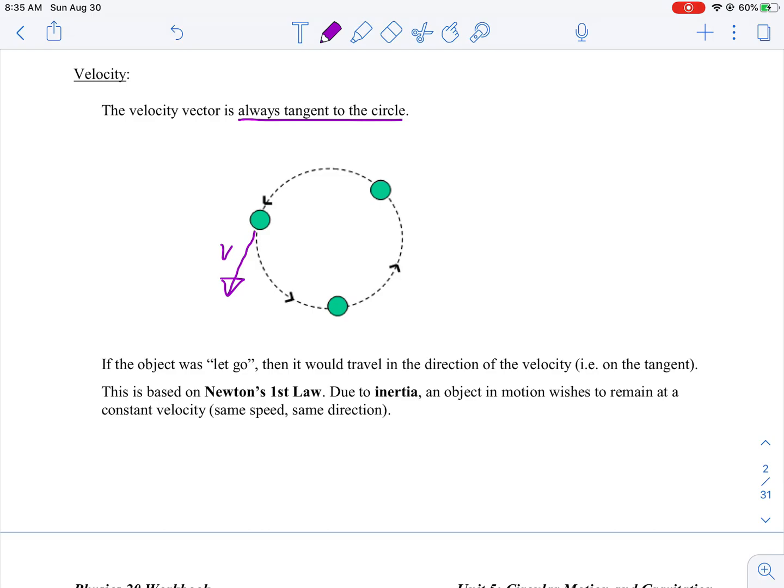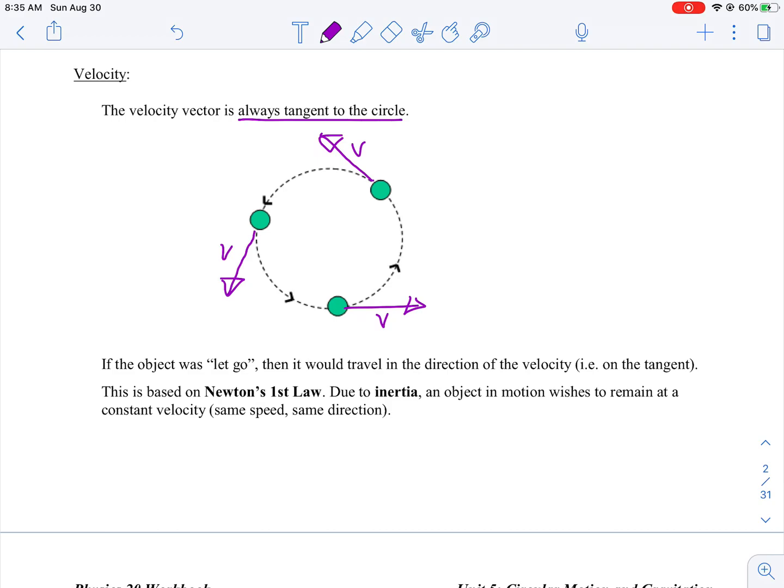At the bottom it'll go on the tangent, and the key thing is that it's going at a constant speed, so the length of this vector should not change, just the direction. The same thing up here at the top: same speed, different direction.